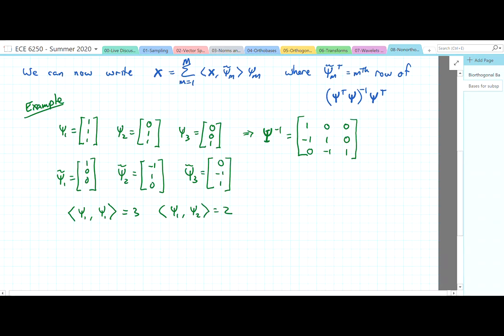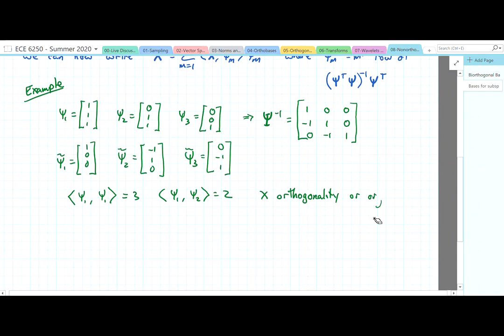So we don't have orthogonality or orthonormality.